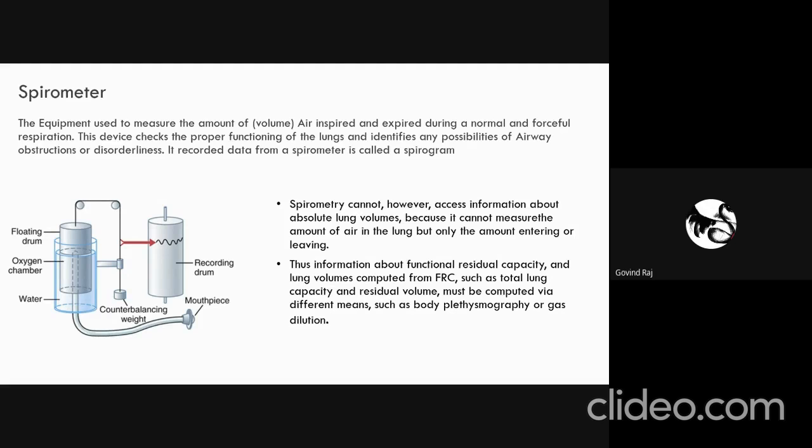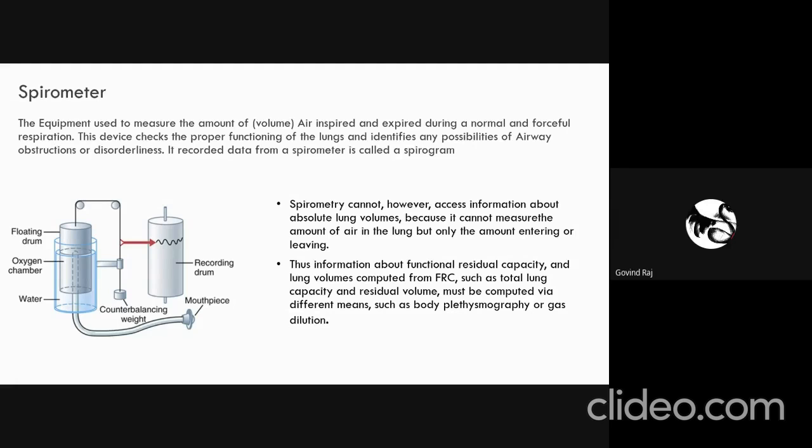The dilution of that gas each time he inspires and expires gives an idea about what volume of air he took in. This is the process by which absolute quantification of lung volumes is done. But the spirometer gives us data about different disease stages.